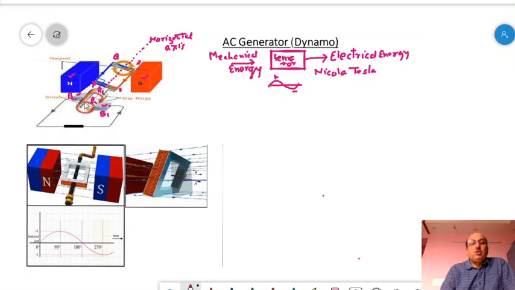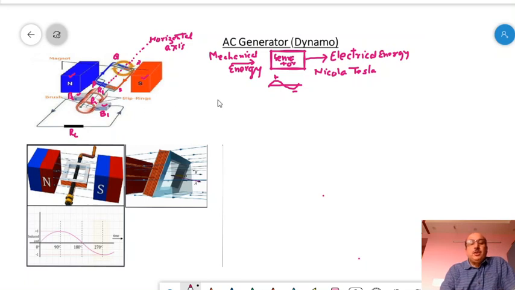So these two are static devices. These carbon brushes are attached to the load from where we can get the alternating EMF.